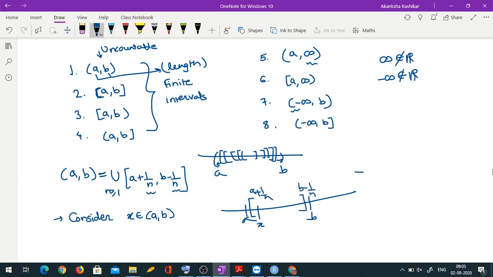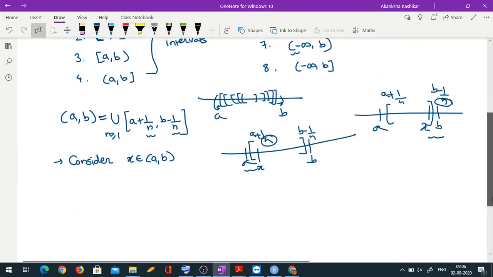On the other hand, if x is close to B, I need to make sure that I have some B minus 1 by n here between x and B, so that x would go in this set. So depending on whether x is close to A or close to B, I need to appropriately choose my n.